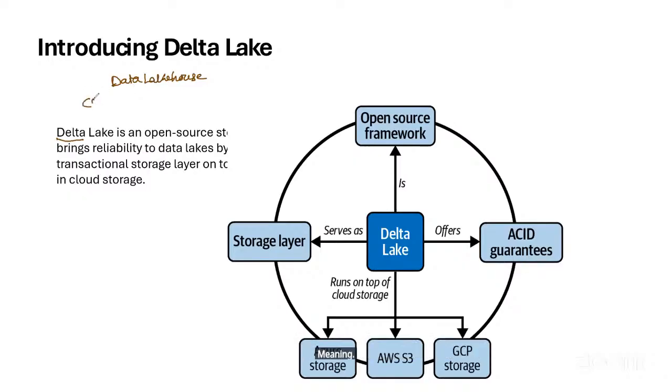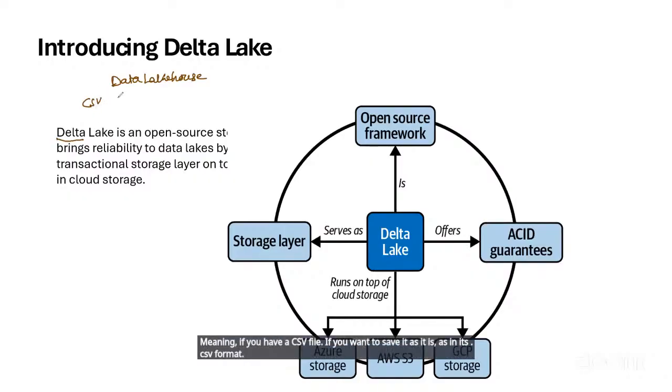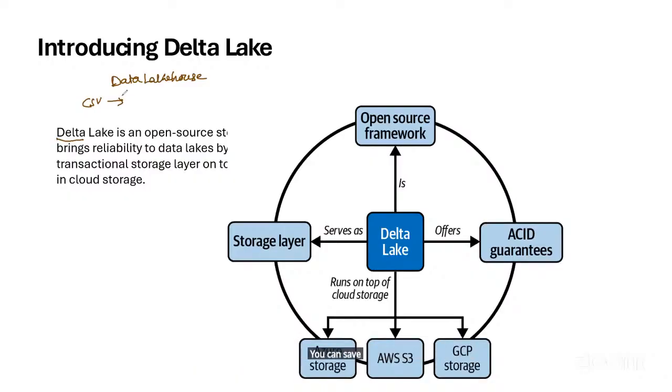If you have a CSV file and want to save it as it is in .csv format, you can save it in the data lake part of that storage. If you want to export the same CSV file into a table, you can also do that, because there is a data warehouse part which allows you to write your data in the form of tables.